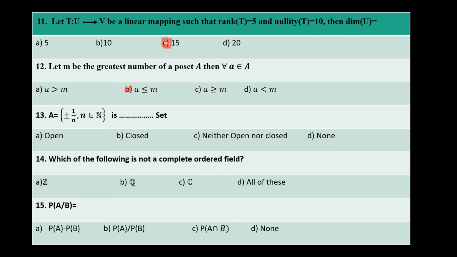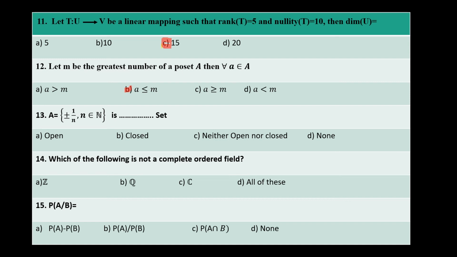And the next one is a set which is plus minus 1 over n, where n is coming from the natural numbers, and he is asking us whether this set is open, closed, neither open nor closed, or none.